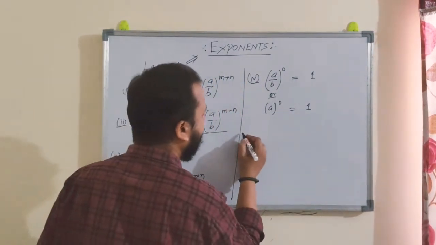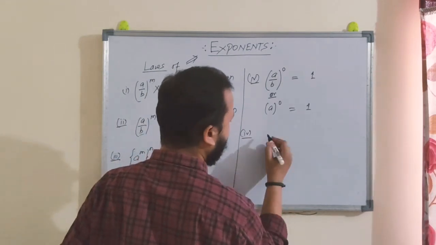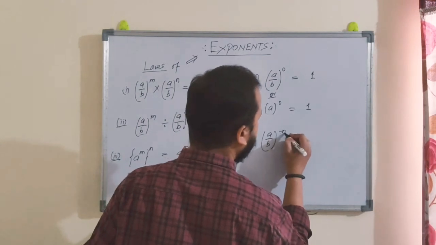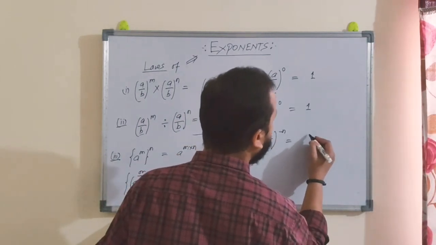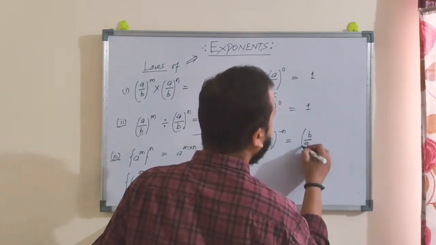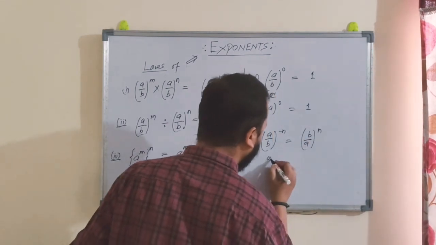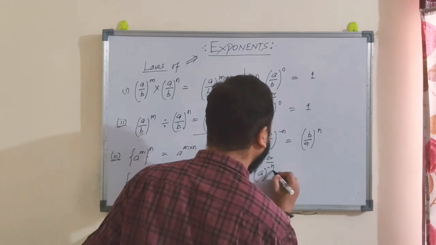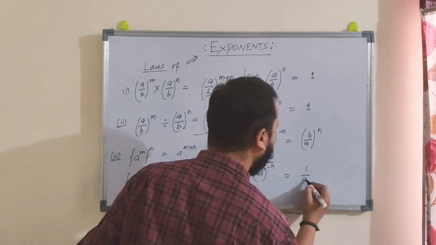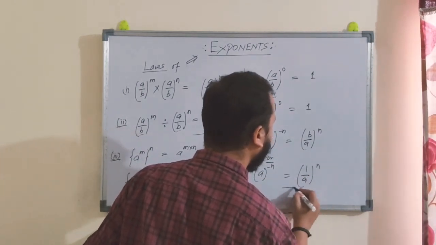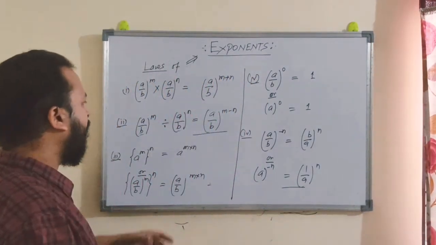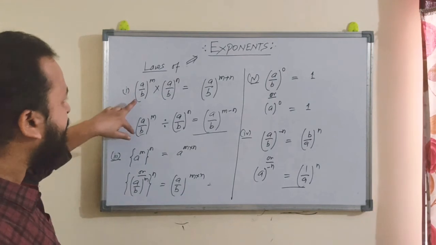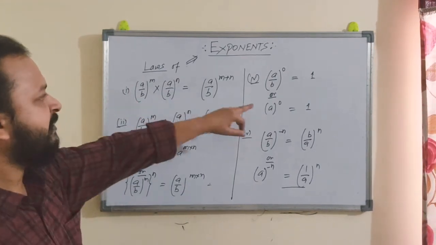And the fifth part was the reciprocal we have studied. So if (a/b)^(-n) is given, you can also write it as (b/a)^n, or if it is written as a^(-n), you can write it as 1/a^n. Why have I written two different formulas? You can also write the formula this way.